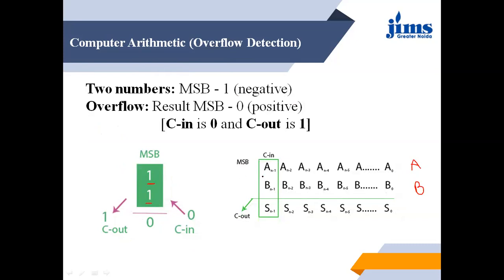So A n minus 1 and B n minus 1 both are 1, and there will be no carry from the last digit. After the addition, this 1 changes to 0 as well as we get a carry. In that case also, there is an overflow.